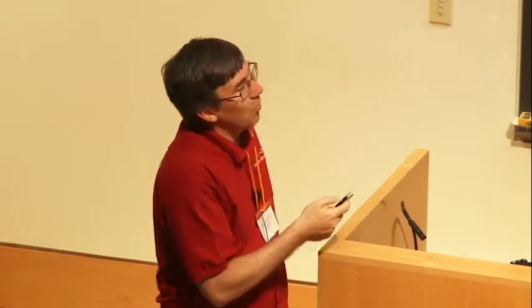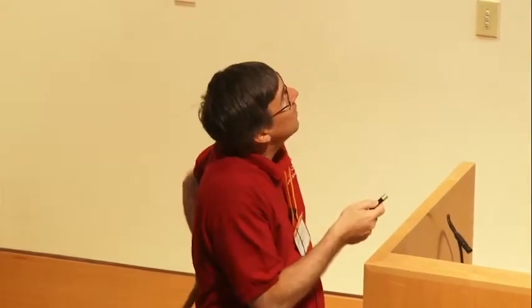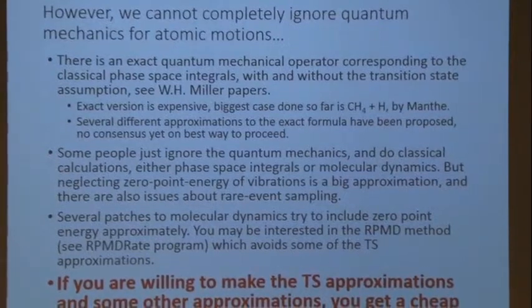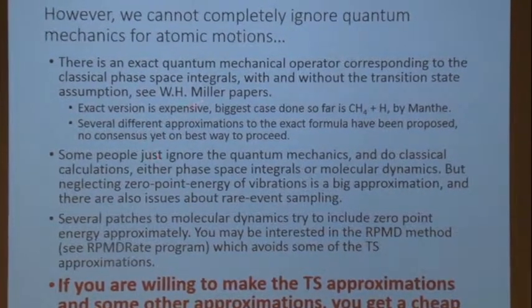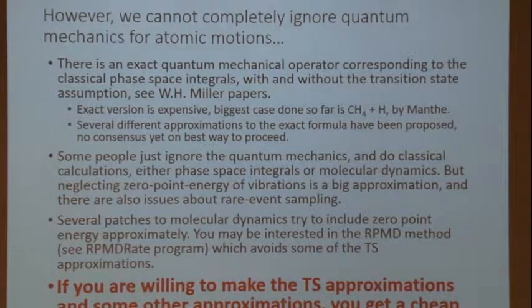And so then you say, well, what I told you so far is all classical trajectories. That's how I derive my transition state theory. So how can I put the quantum in? Now, there is an exact quantum mechanical operator that actually works and corresponds to the classical phase-space integrals that show up in this rate theory. And a guy named Bill Miller at Berkeley has written a lot of papers about this, showing there's an exact quantum mechanical analog to everything I showed you today, every classical thing.